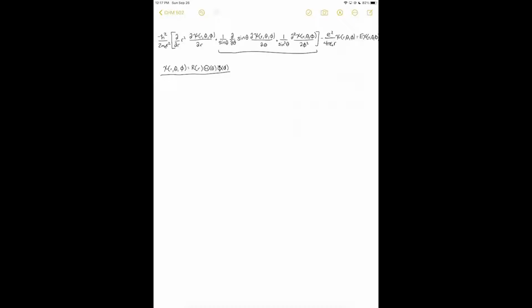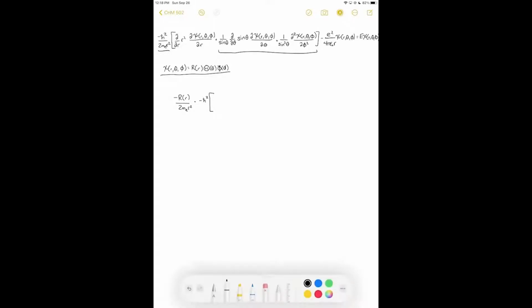I'm going to pool my r functions off to one side and then treat with the rest of them here. So we can't forget this constant, negative h bar squared over 2m r squared. If I keep these, I'll write here negative R, our function of r, over 2m_e r squared. And then what I have is negative h bar squared times this part on the inside.